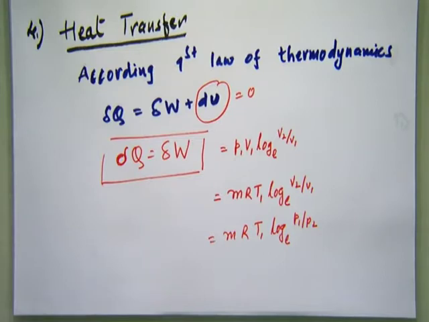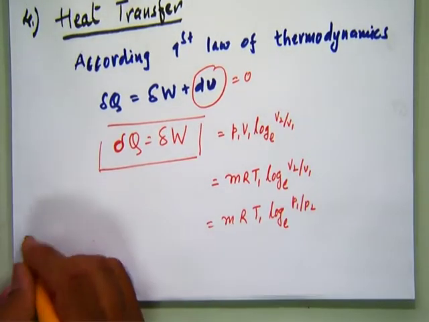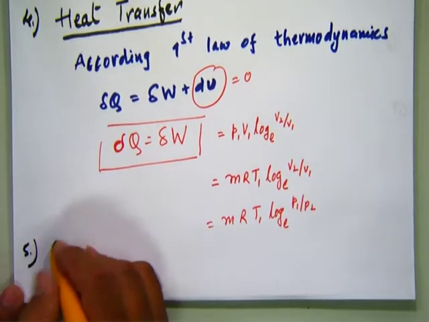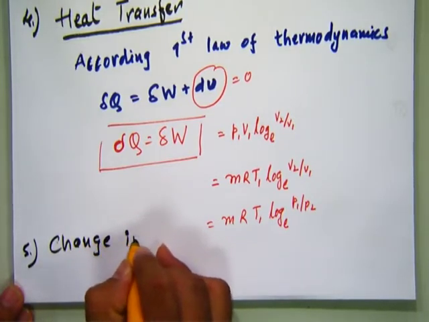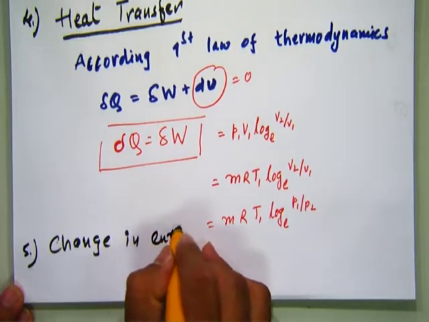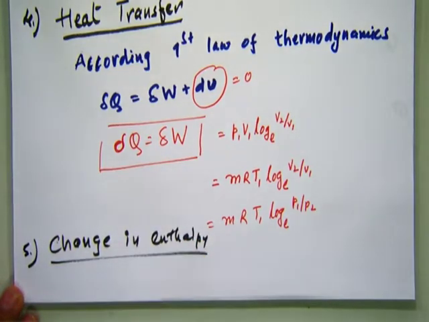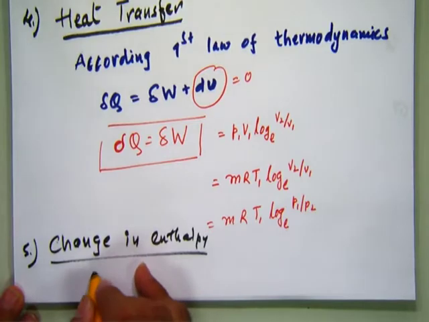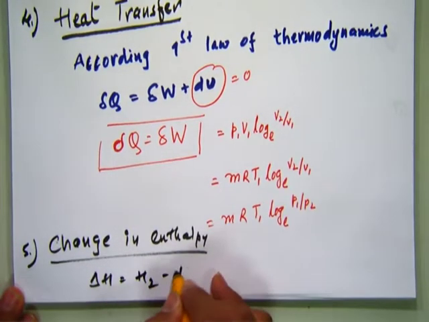And the fifth one is change in enthalpy. Change in enthalpy, that is delta H, is equal to H2 minus H1.